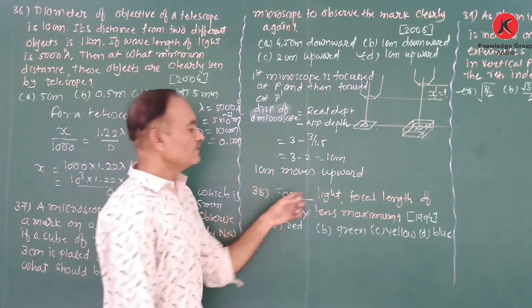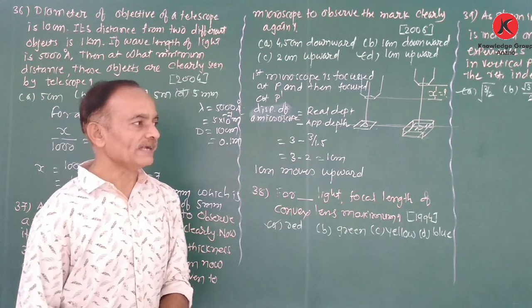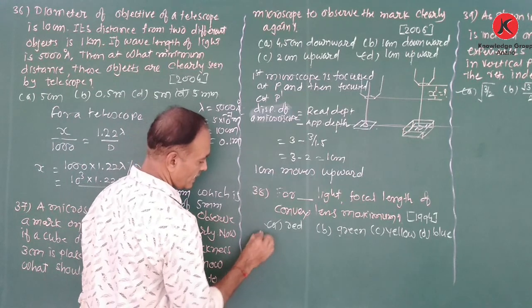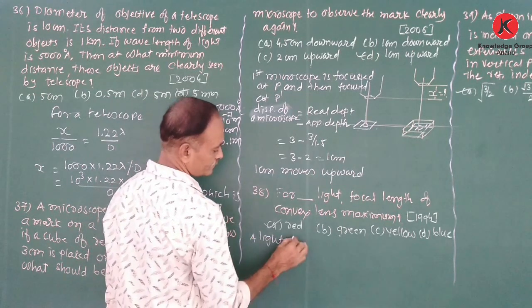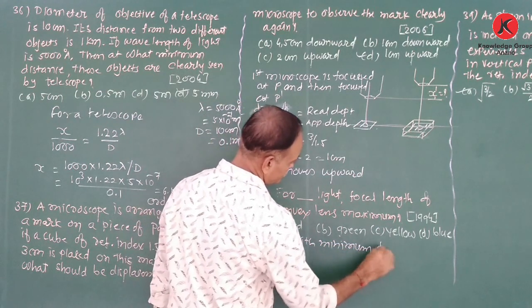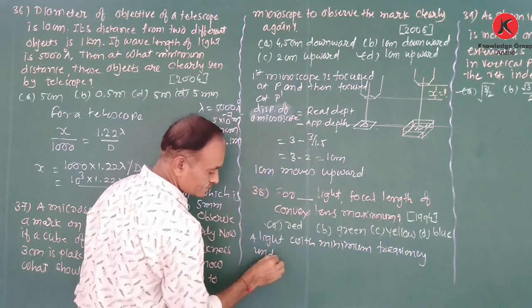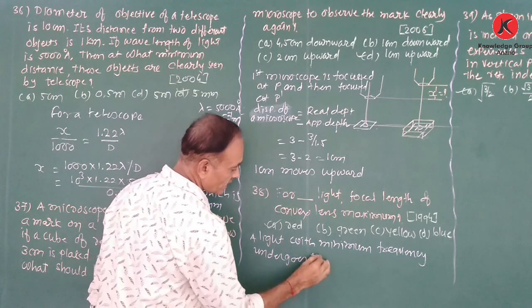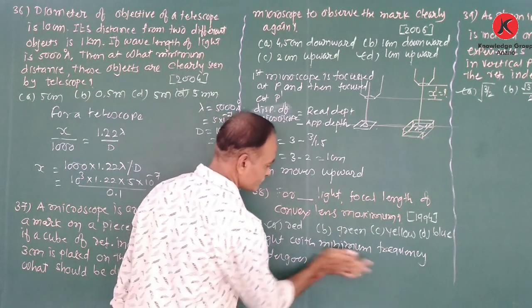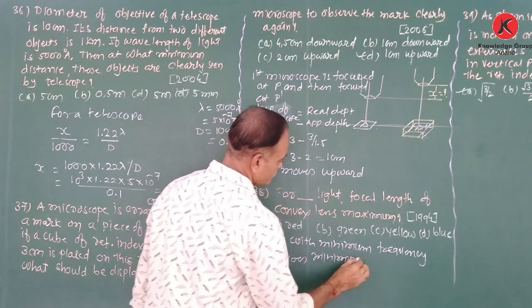Now, for which light is the focal length of a convex lens maximum? A light with the minimum frequency undergoes the minimum deviation.